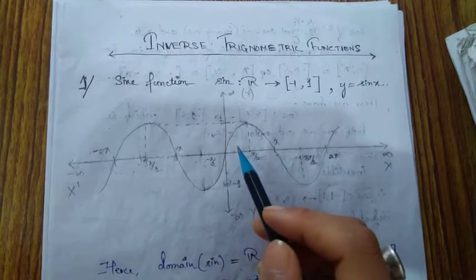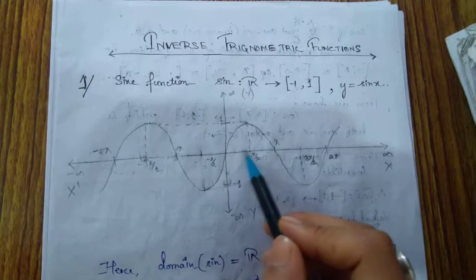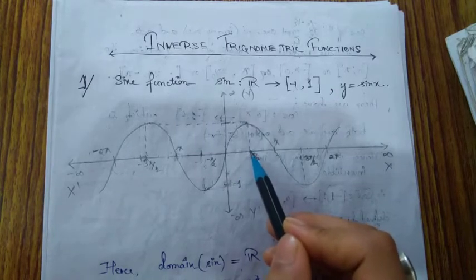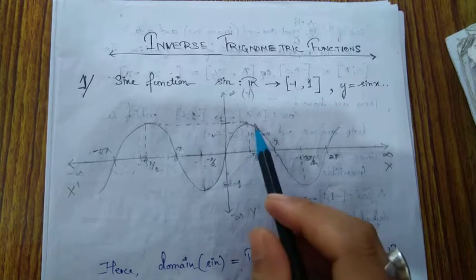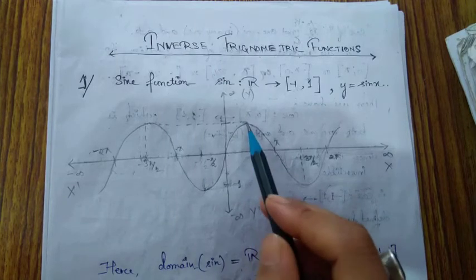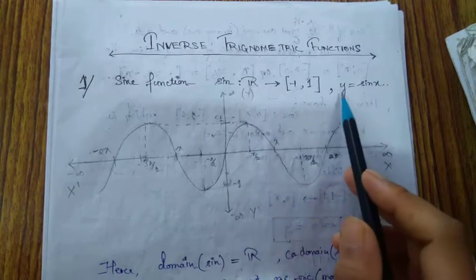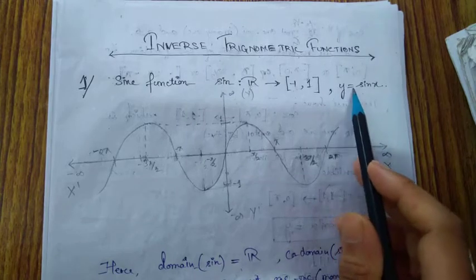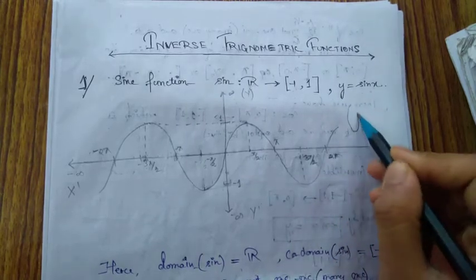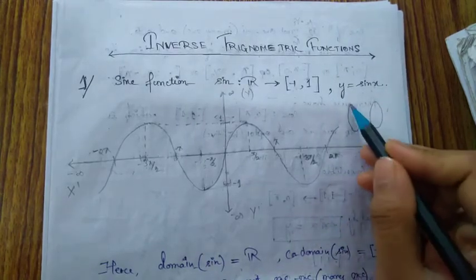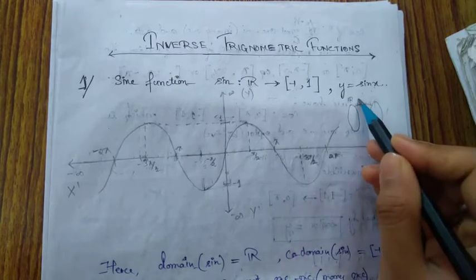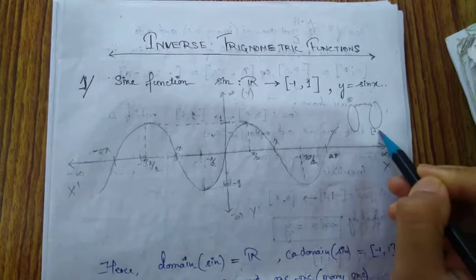Next, check whether the function is 1-1. Now for the element x equal to pi by 2, y equal to sin pi by 2, which is +1. Say this is your set of real numbers, this is your mapping sin x, and this is your codomain -1 to 1.